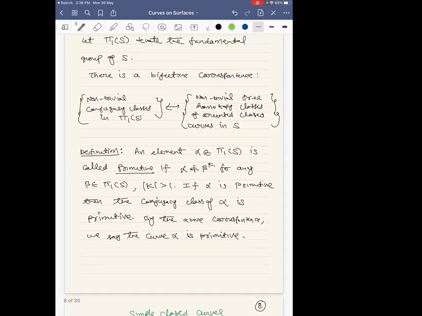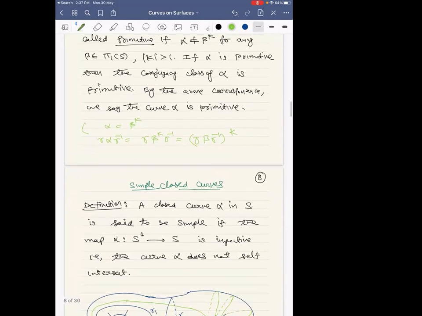This is easy to see, because if alpha equals beta to the k for some beta, then for a conjugate, say gamma alpha gamma inverse, this will simply be gamma beta to the k gamma inverse, which is gamma beta gamma inverse to the k. So primitivity is an invariant of the whole conjugacy class. If you look at the above correspondence, we can say the corresponding curve alpha is primitive if the element in the fundamental group is primitive.